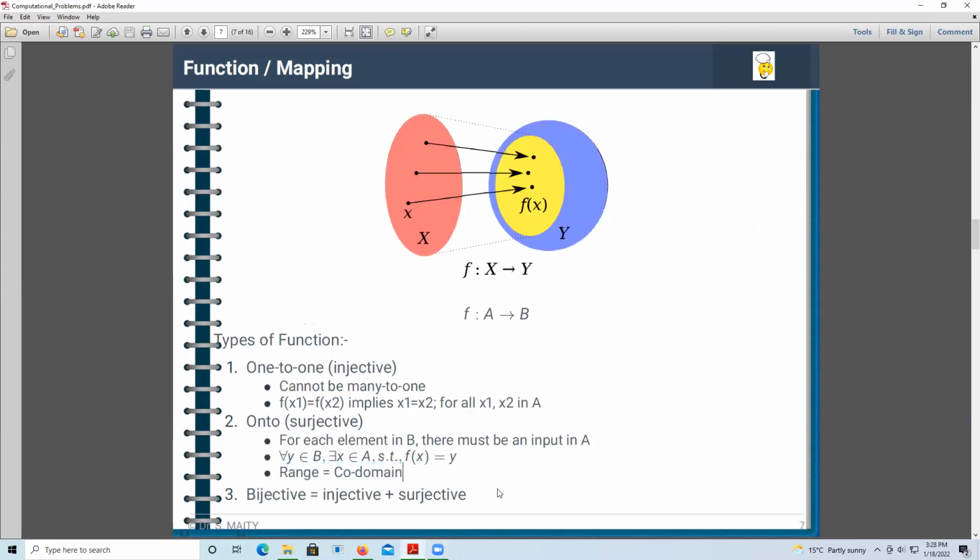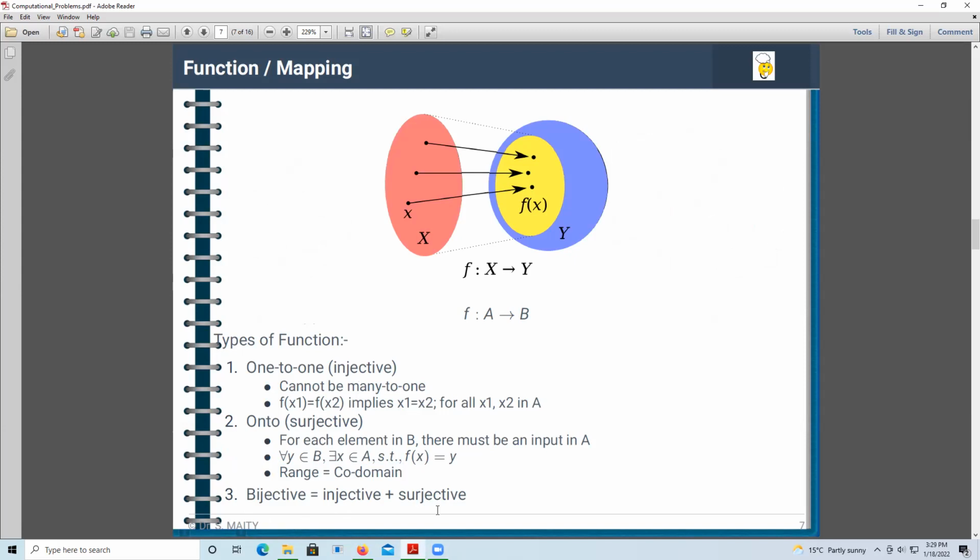Now, what is a bijective function? As it is written here, bijective function means injective plus surjective, a one-to-one onto function. It should have the properties of a one-to-one function, and it should have the properties of an onto function also.